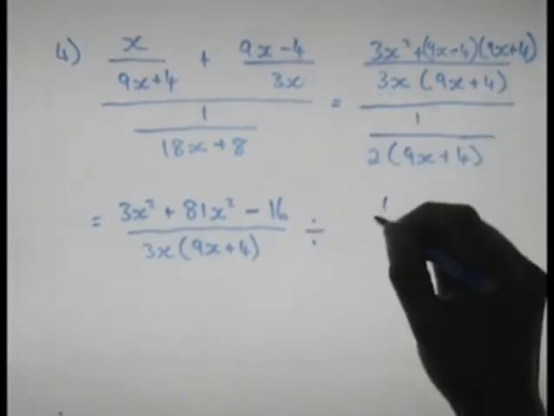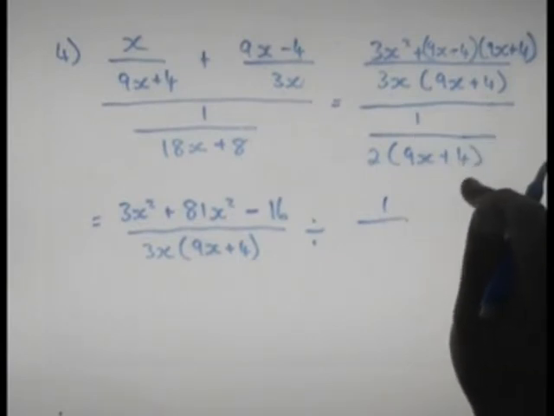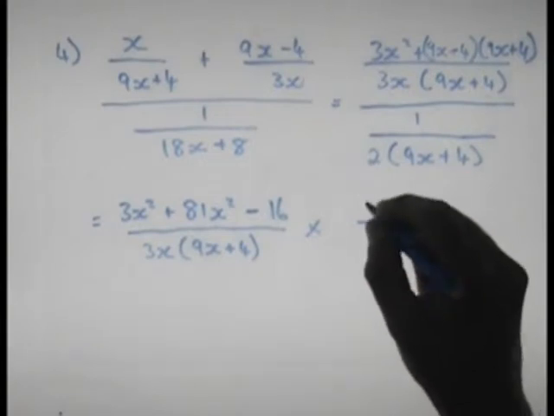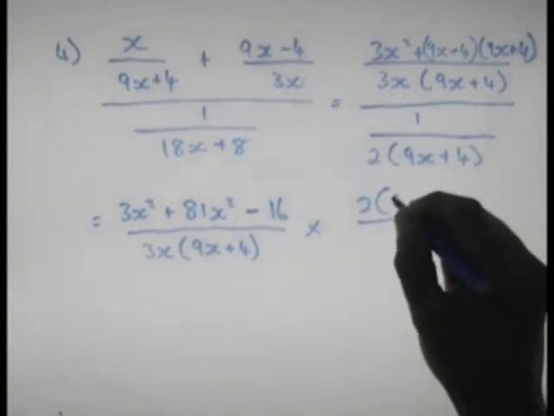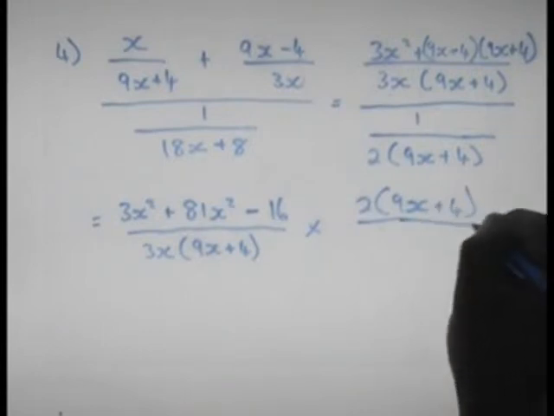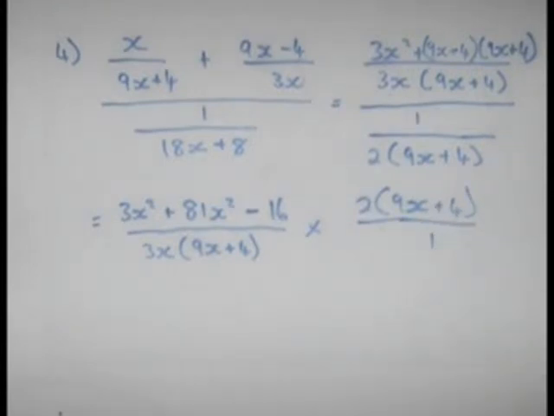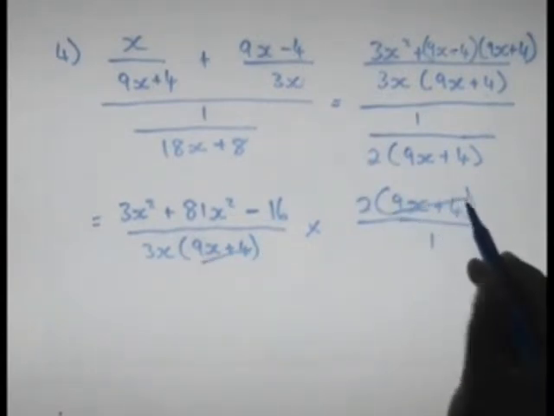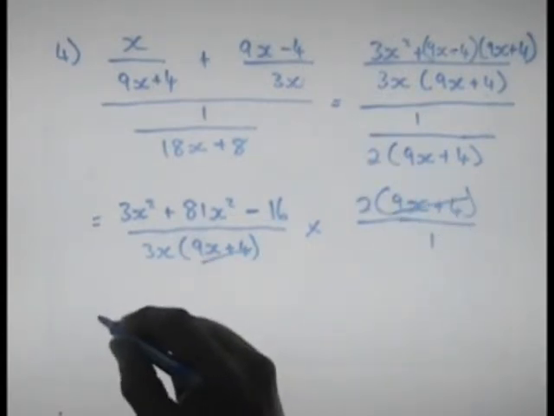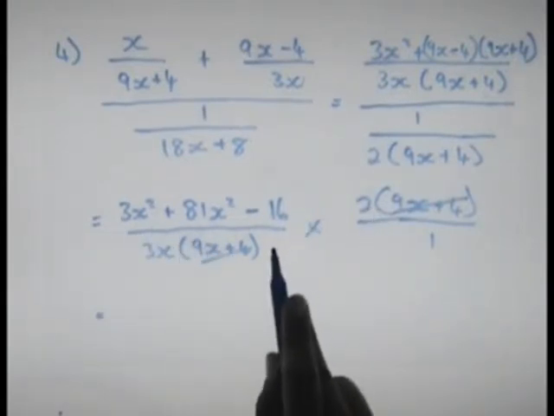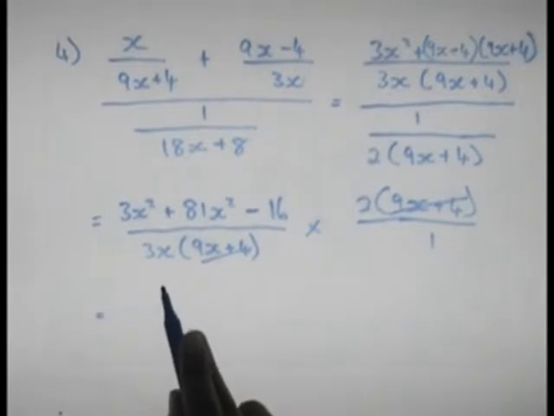Divided by 1 over that whole thing, or multiplied by that whole thing over 1. So it's multiplied by 2 times 9x plus 4 over 1. 9x plus 4 and 9x plus 4 cancel. That will leave us with 2 multiplied by that divided by 3x.